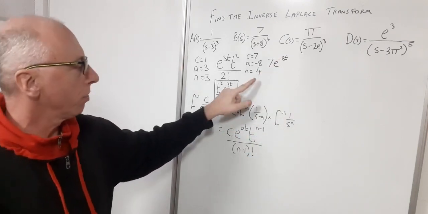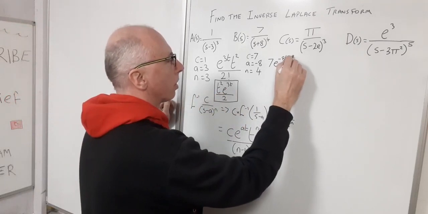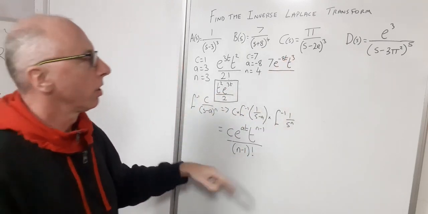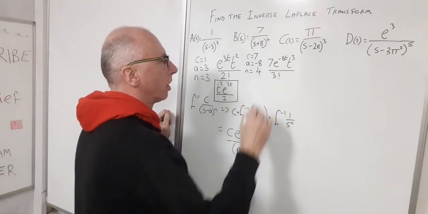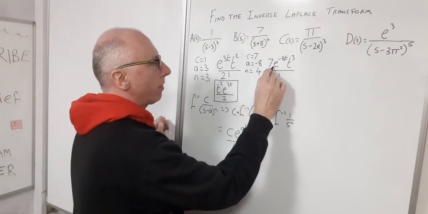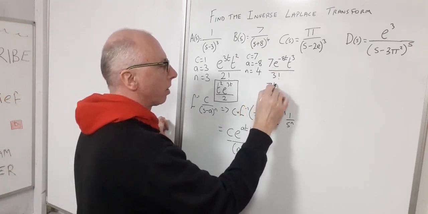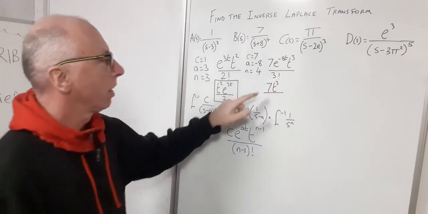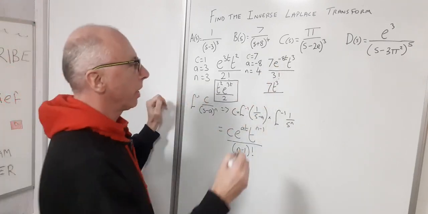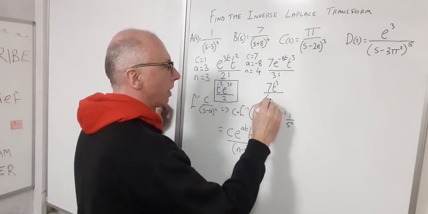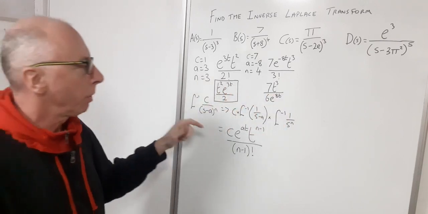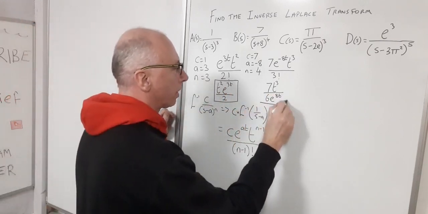So n minus 1 is 3, so that's t cubed. And then we divide that by n minus 1 factorial, so that's 3 factorial. Now I can rewrite this as 7t cubed divided by, well, 3 factorial is 6, and e to the 8t I can put in my denominator. So 6e to the 8t. That would be my result for my b.